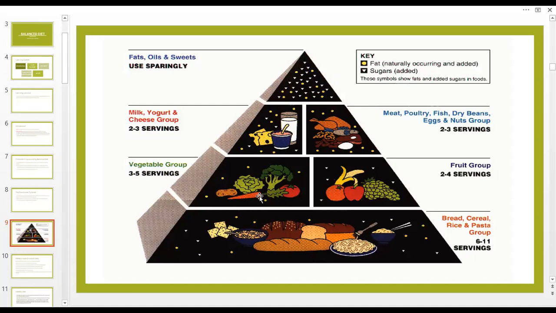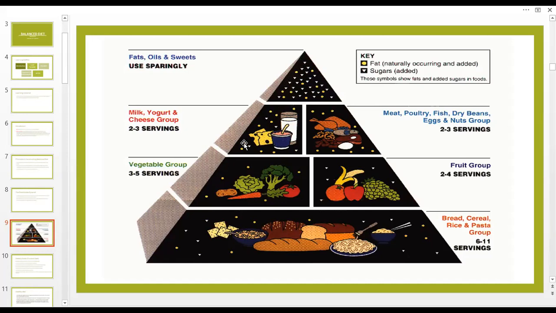Next come the fruit and vegetable groups, which are above the first group, providing basically carbohydrates, fibers, vitamins, and minerals. On the third section, we have the meat, poultry, fish, dry beans, eggs, and nut group. This group provides us proteins, meeting the protein requirements of a person.